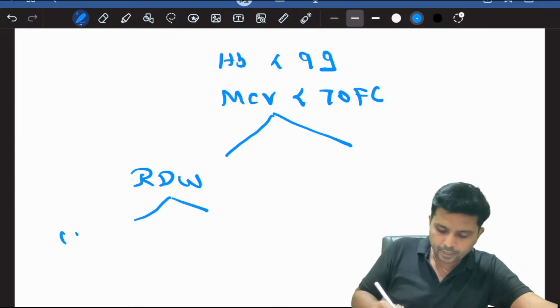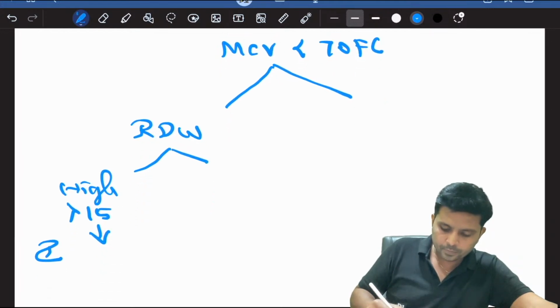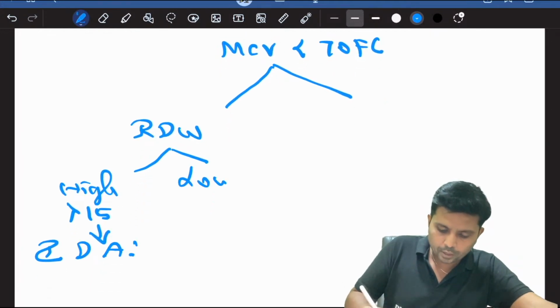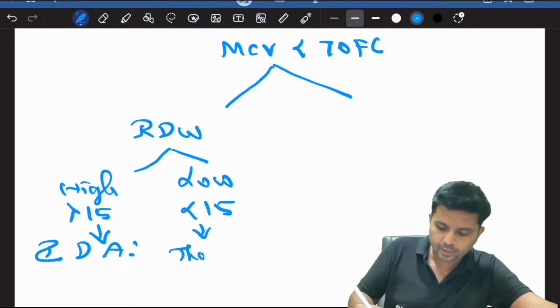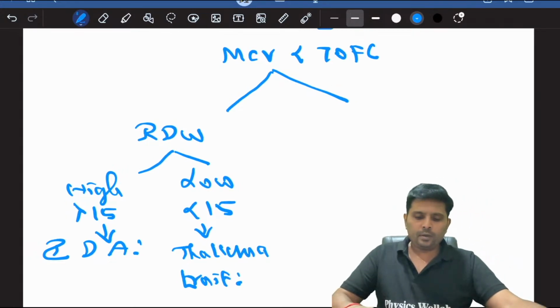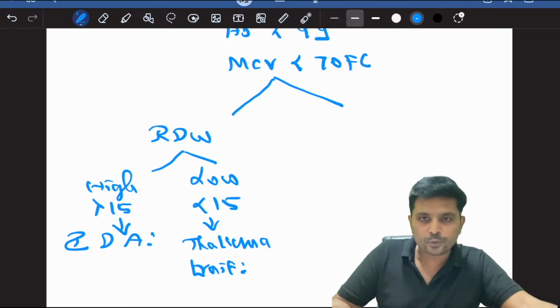Remember, high RDW more than 15 is more in favor of iron deficiency anemia, whereas low RDW less than 15 means it is more likely thalassemia trait.